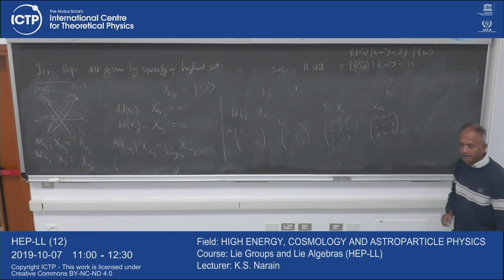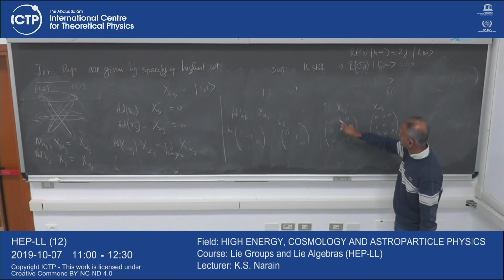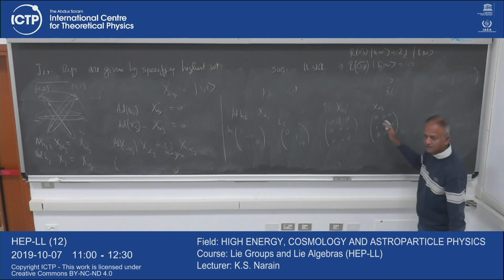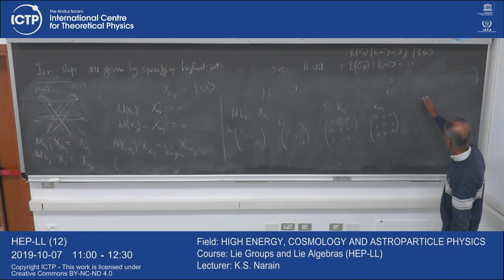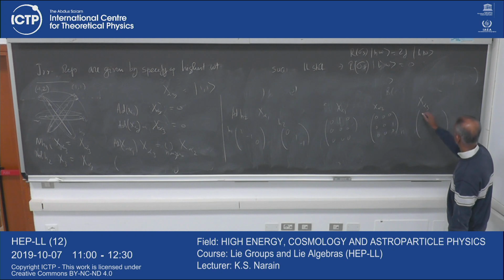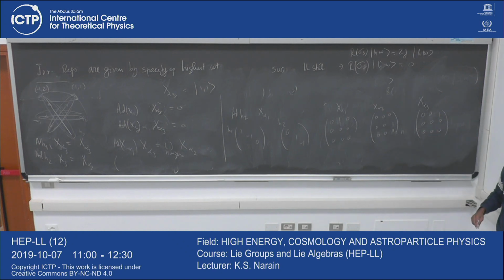This was alpha 1 and alpha 2. And X minus alpha 1 was 0 here, 1 there, I mean, the transpose of this. Alpha 3 would have been, X alpha 3 was 0, 0, 1, 0, 0, 0. So these were the three roots.